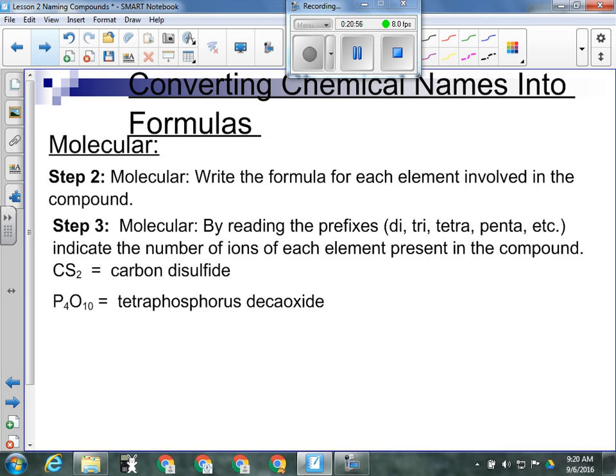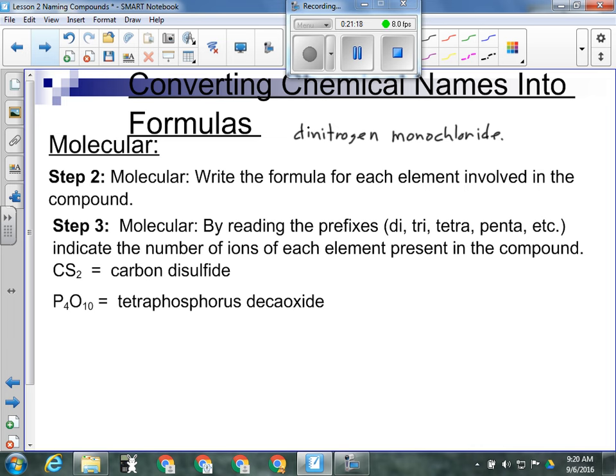If we have molecular compounds, then the prefixes tell us what numbers we have. They're really easy because, let's say we have this. I don't even know if this is a real compound or not.